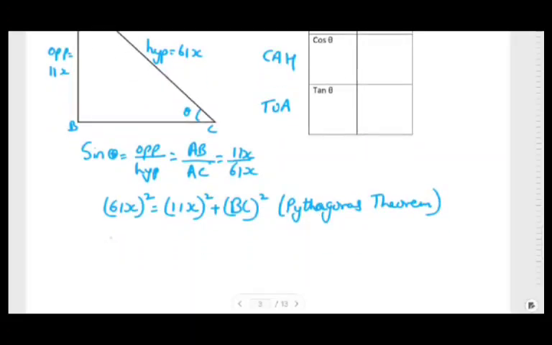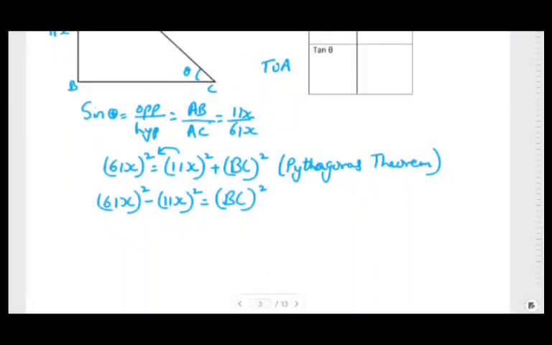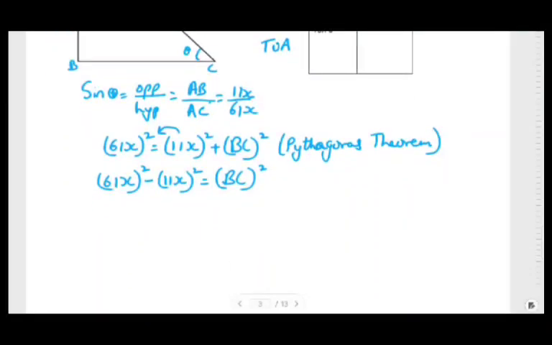Again the same thing, 61x the whole square. This comes on the other side, becomes minus 11x the whole square, which is BC the whole square. Correct? So by identity, a square minus b square is equal to a plus b into a minus b.